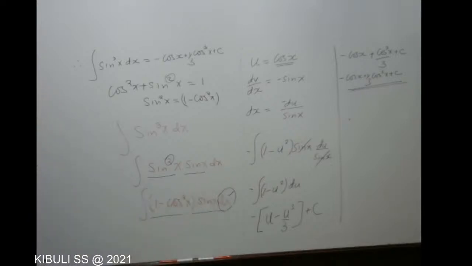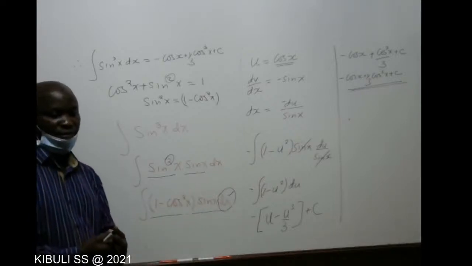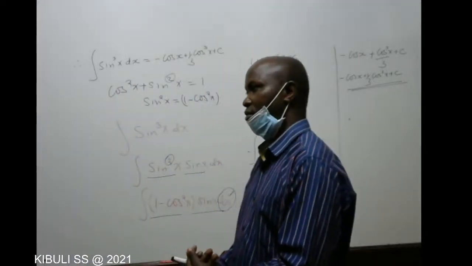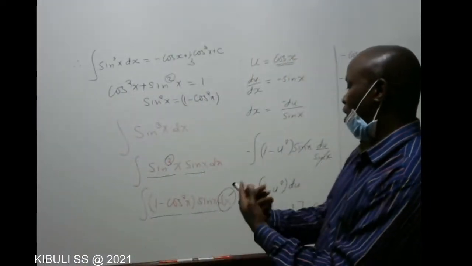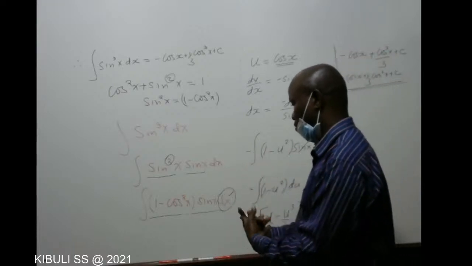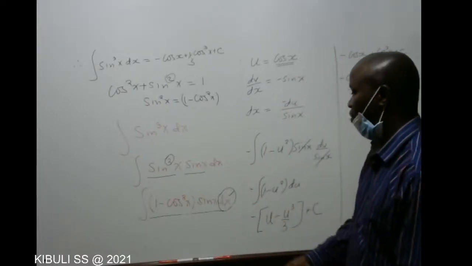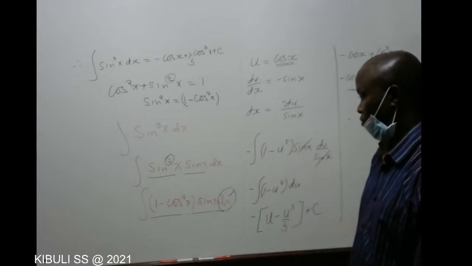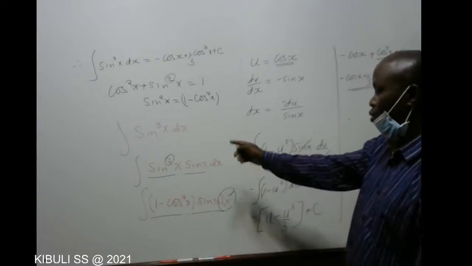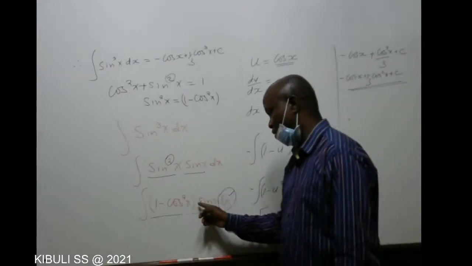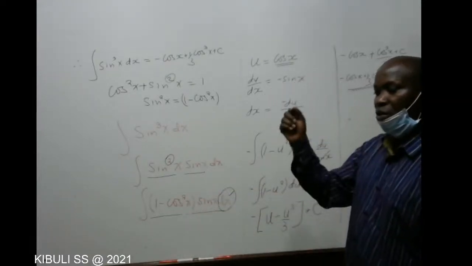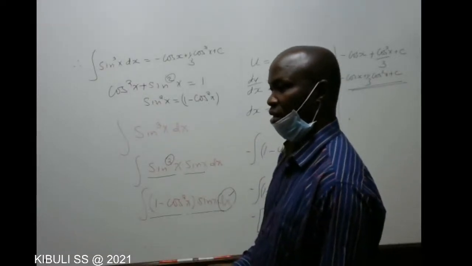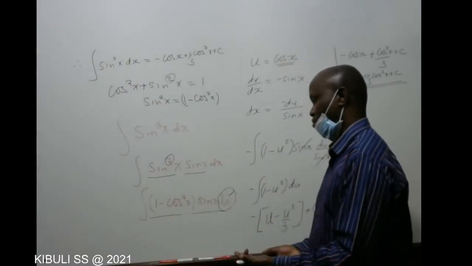Remember, for trig functions, basically cos and sine, in the moment you have a product of those two, sine and cos, the one with the highest power becomes the boss, the function. The one with the least power becomes our derivative.